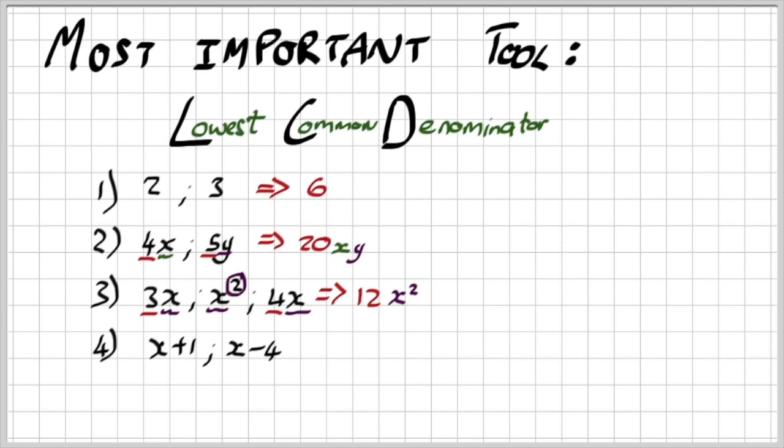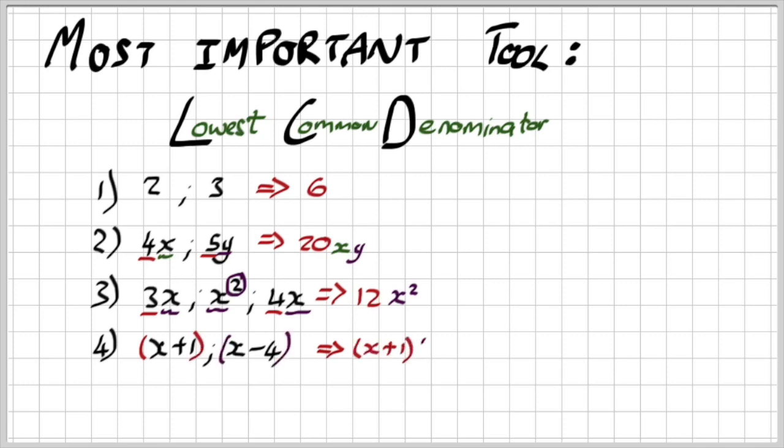When it comes to 4, you're going to have to just take my word for this one. This is a bit of a higher end grade 9 question, maybe like an entry grade 10 question, but it's not that the teacher can't ask it of you. Please get that x plus 1 and x minus 4 are 2 completely different numbers.